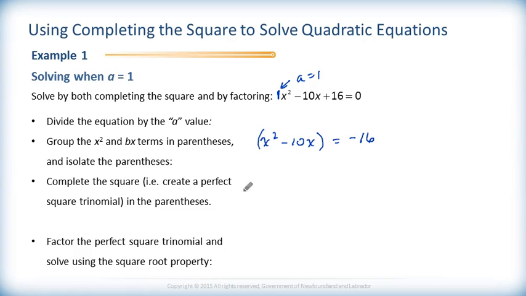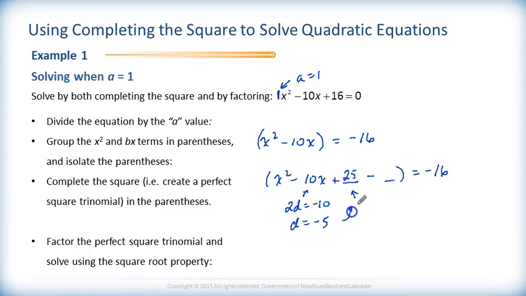Next, we complete the square. So we take the terms that are in here, make a blank, and remember we have to subtract off an equivalent amount. Now for completing the square, we realize that the negative 10 is twice the value of d that we need, so our d value is only negative 5. But it's negative 5 squared that has to go up here, so that's 25. Negative 5 squared, that's our d squared.